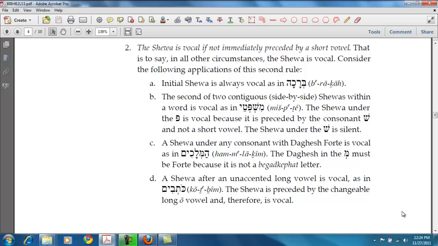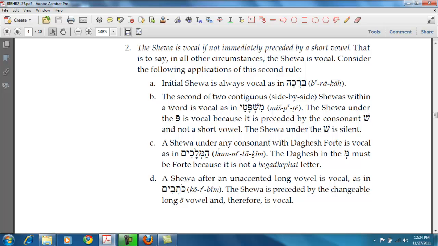If it comes at the beginning of a word, the first letter of a word, it's going to be vocal. If it's two side by side, the first one's going to be silent and the second one's going to be vocal.